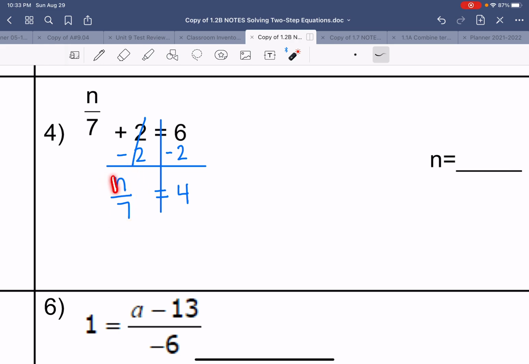Because n is inside, this means that there's division going on. So in order to undo that division, I must multiply by that bottom number. What I do on one side, I must do to the other. These cancel out. n equals 4 times 7, which is 28.